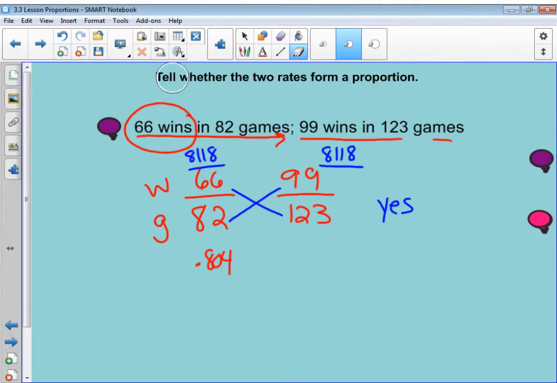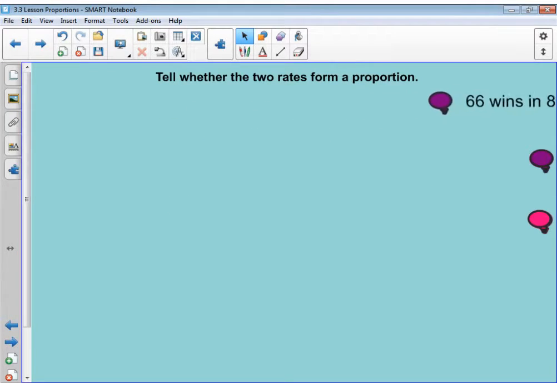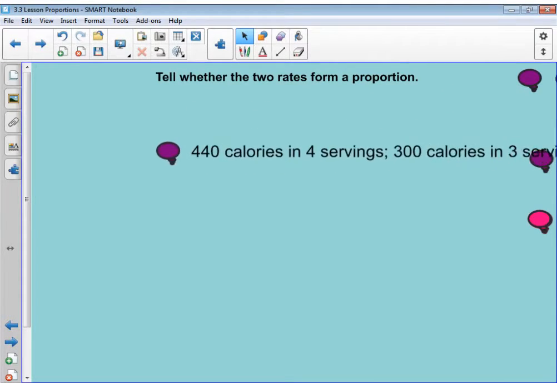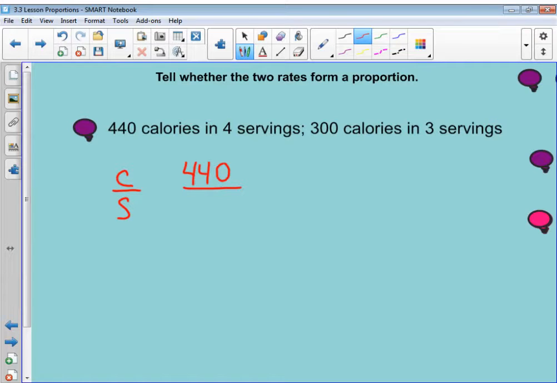Okay, so let's try another one. Okay, 440 calories and 4 servings. So 440, and that was my calories per serving, and then over 4 servings. And is that equivalent?